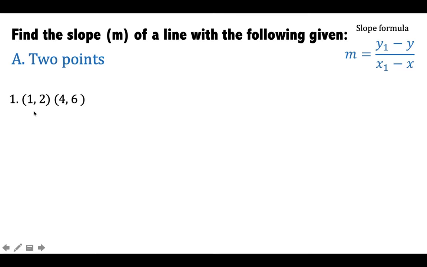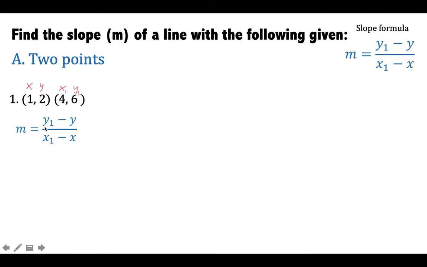So our given is 1, 2, and 4, 6. First, we are going to label them as x and y. Then we have another x and y. To avoid confusion, we can label this as x sub 1 and y sub 1 to make our points unique. Then after labeling them, we're going to write down the formula.